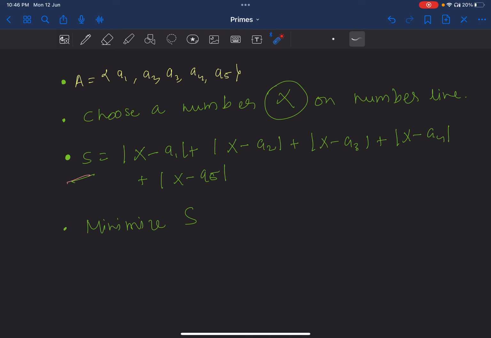I will claim that if we choose x to be the median of this array, then we are 100% sure that this S is minimized. We cannot get a sum smaller than S if x is the median. Okay, so we will try to prove this. So let's first of all write our claim.